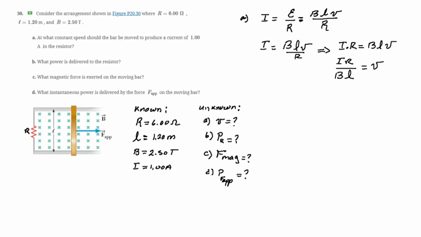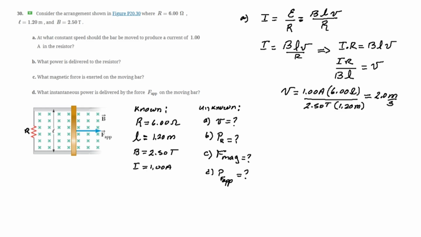So substituting, the speed would be 1 ampere times the resistance, 6 ohms, divided by the intensity of the field, 2.50 Tesla, times the length, 1.20 meters. And that speed would be, when you calculate that, 2.0 meters per second.